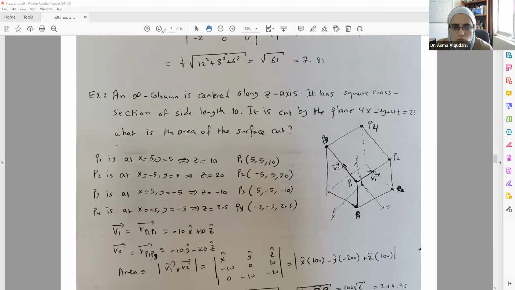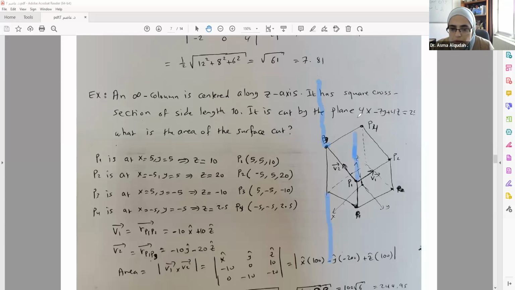Okay, let me show you what this example is about. First of all, it says we have an infinite column. Infinite column means we have a column that is centered at the z-axis, so this column goes from minus infinity to infinity.